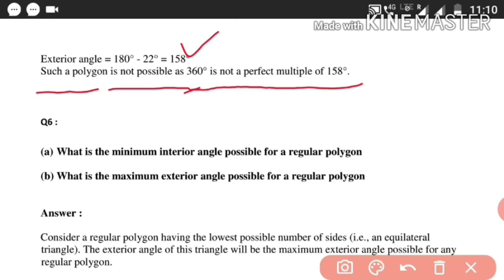So if it is 22, it is not possible either as an exterior angle or as an interior angle.